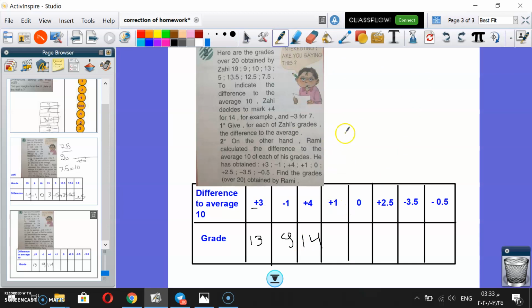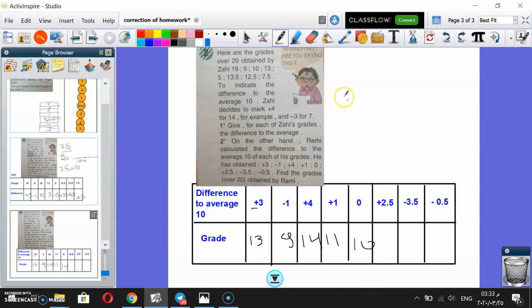Plus 1, so 1 grade above the average, 10 plus 1 equal 11. 0, he is on the average, so 10 plus 0 equal 10.